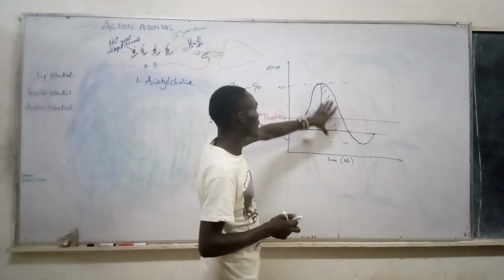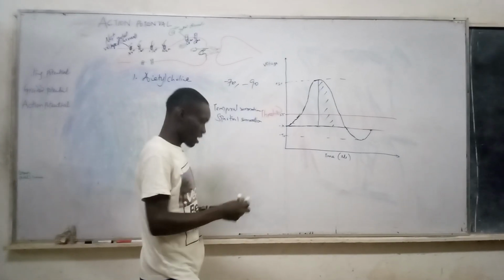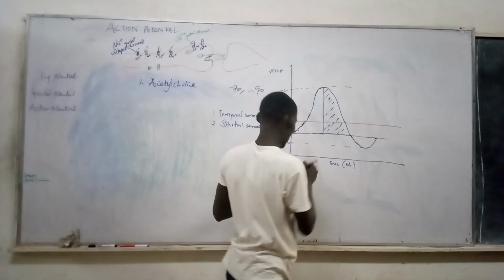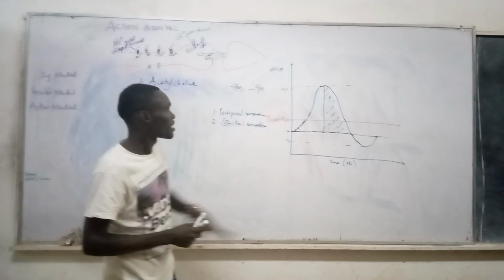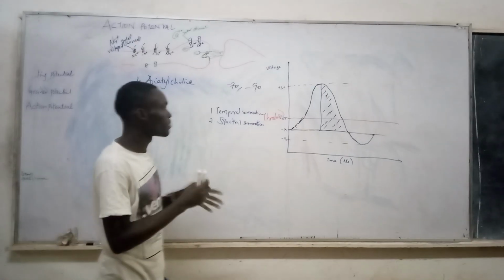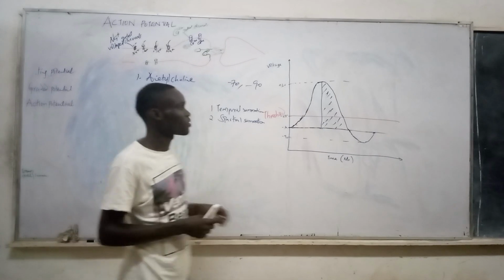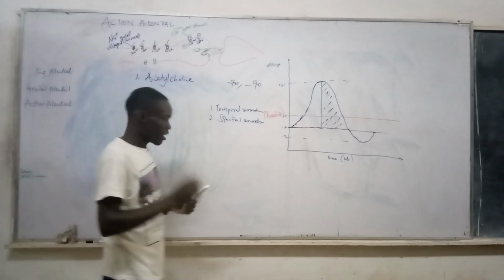So we call this the absolute refractory period. Since the membrane can no longer be stimulated regardless of the strength of the signal, we call this the absolute refractory period.